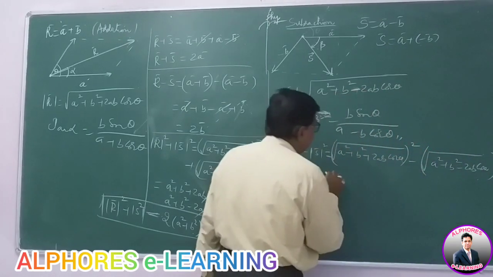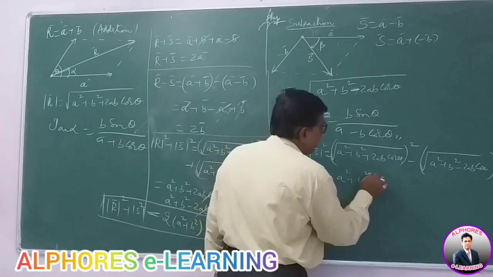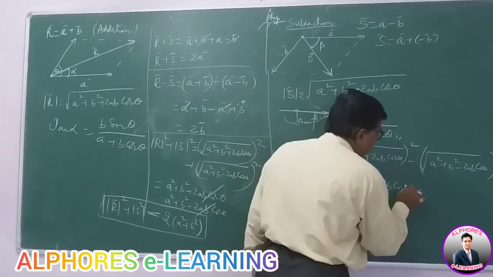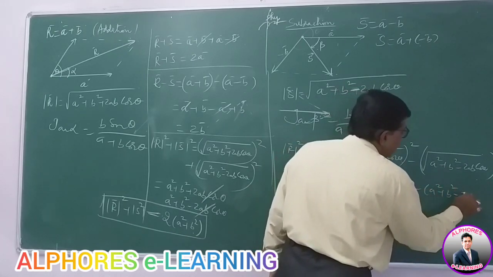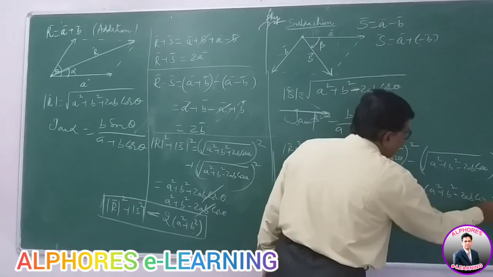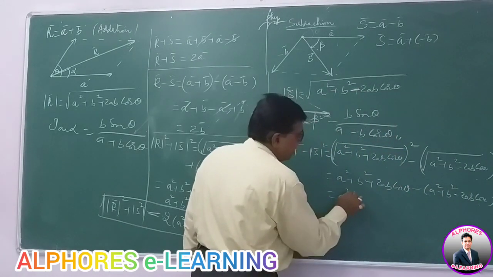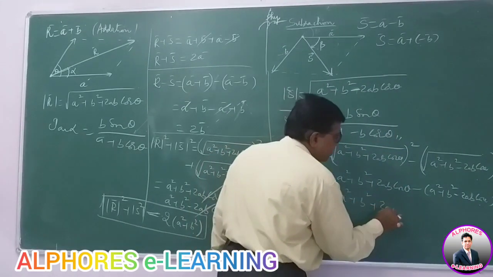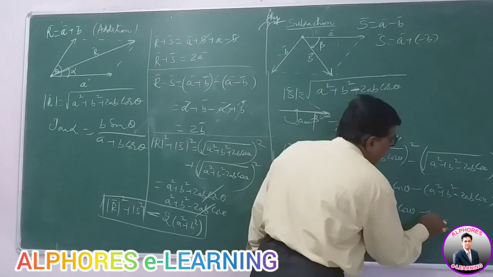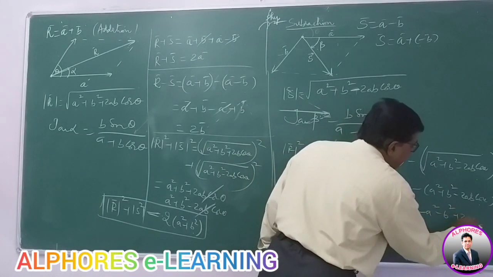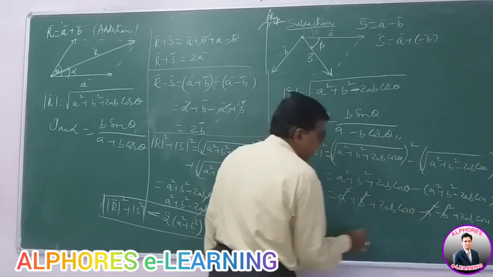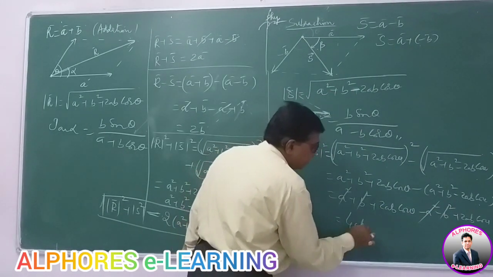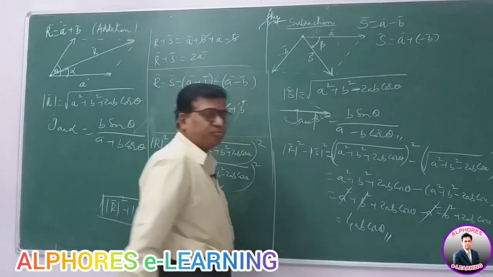Simplifying, you get a square plus b square plus 2ab cos theta minus a square minus b square plus 2ab cos theta. So a square, b square cancel. I get it as 4ab cos theta.